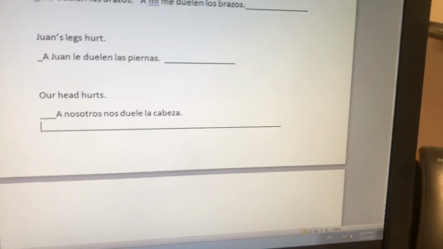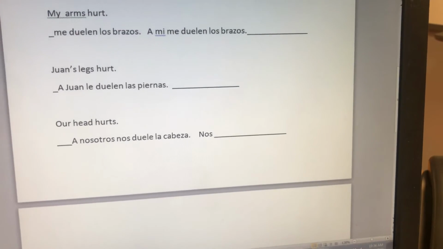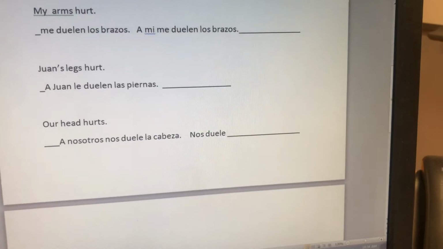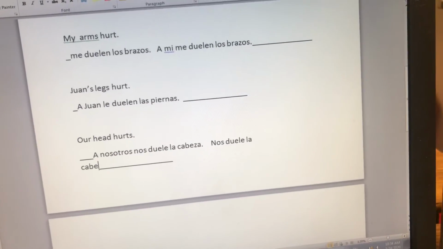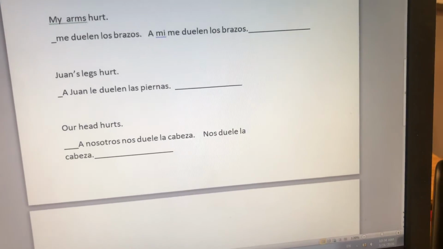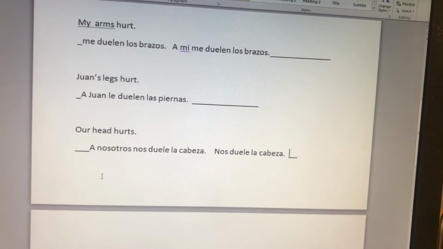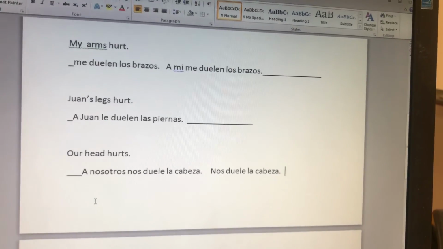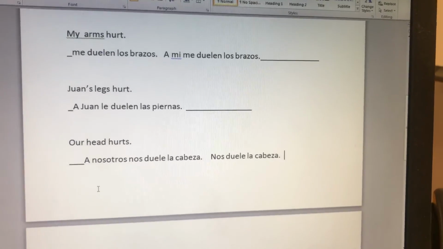The a nosotros is optional, so another way you could just say nos duele la cabeza. Nos duele la cabeza. A nosotros nos duele la cabeza. Nos duele la cabeza. Good.